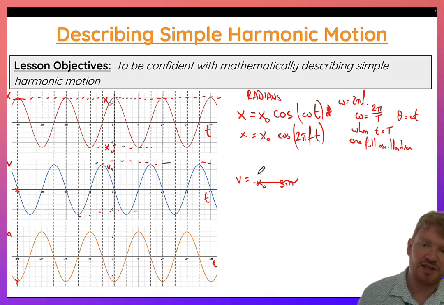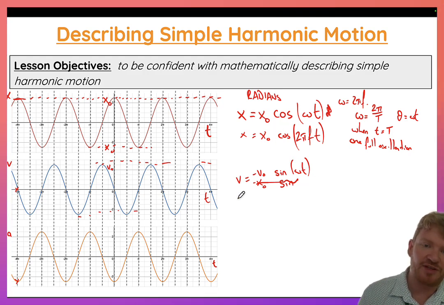So one easy way of saying it is v is equal to v naught sine omega t. So it would actually be minus v naught sine omega t, because at this point here where it's large and negative, this becomes large and negative, so this is a minus sine graph.